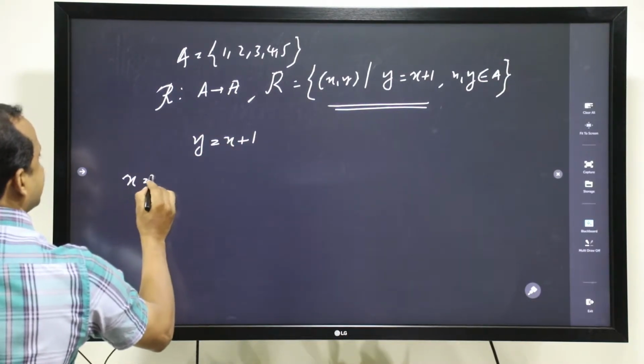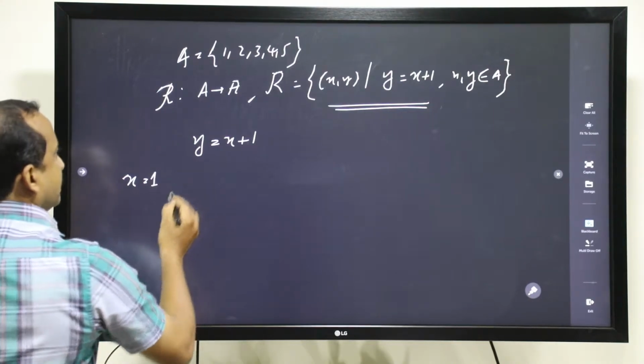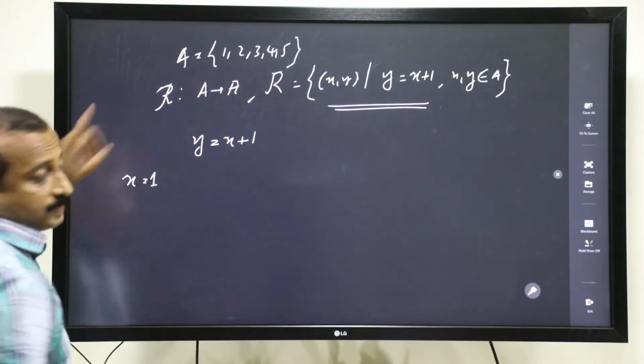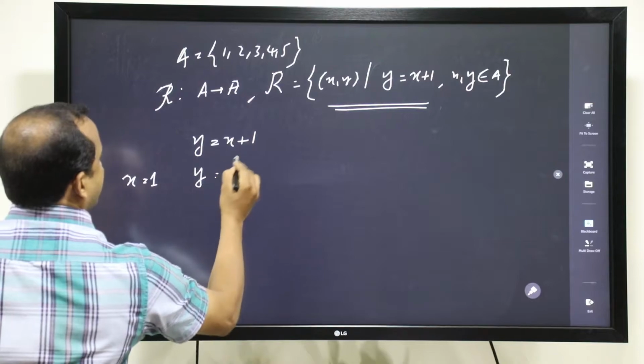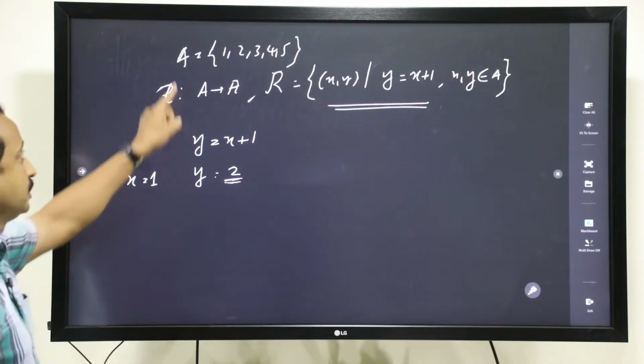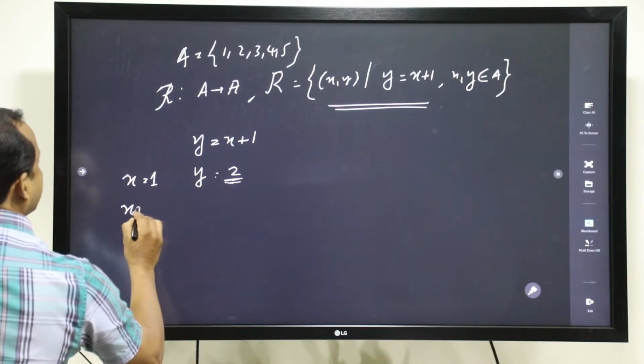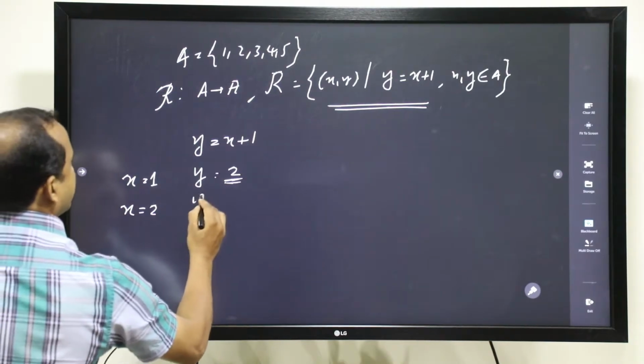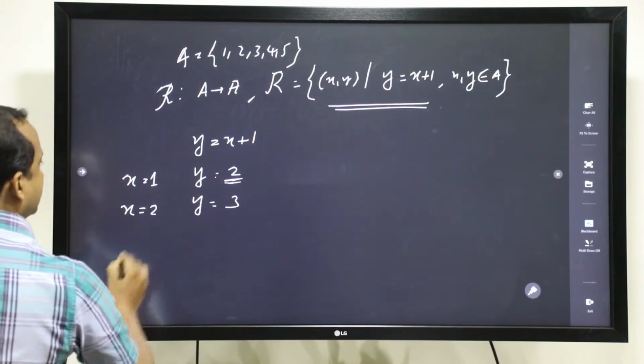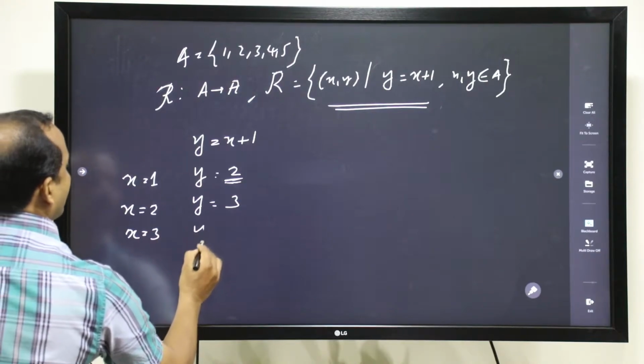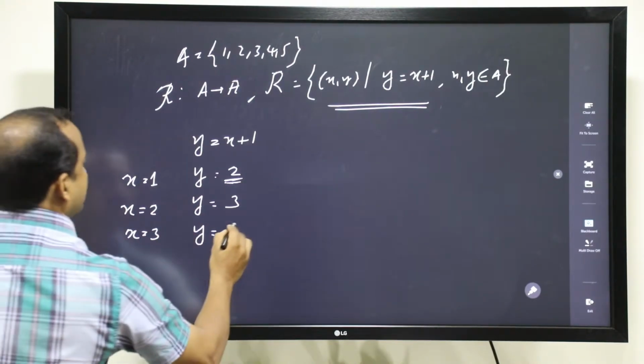First we take x is equal to 1. x is equal to 1 is an element of the given set A and therefore y is equal to 1 plus 1, answer 2. 2 is also an element of the given set A. Next we take x is equal to 2 and therefore y is equal to 2 plus 1, answer 3. x is equal to 3, we get y is equal to 3 plus 1 is 4.